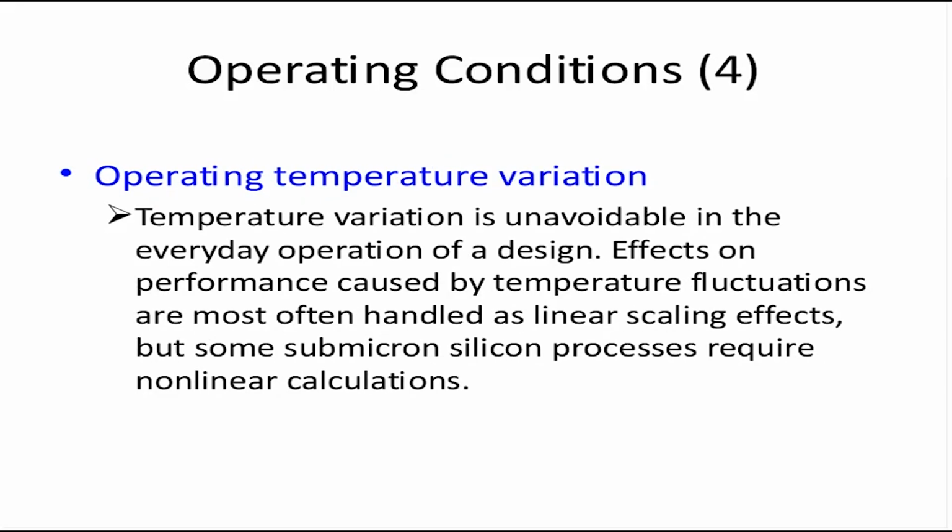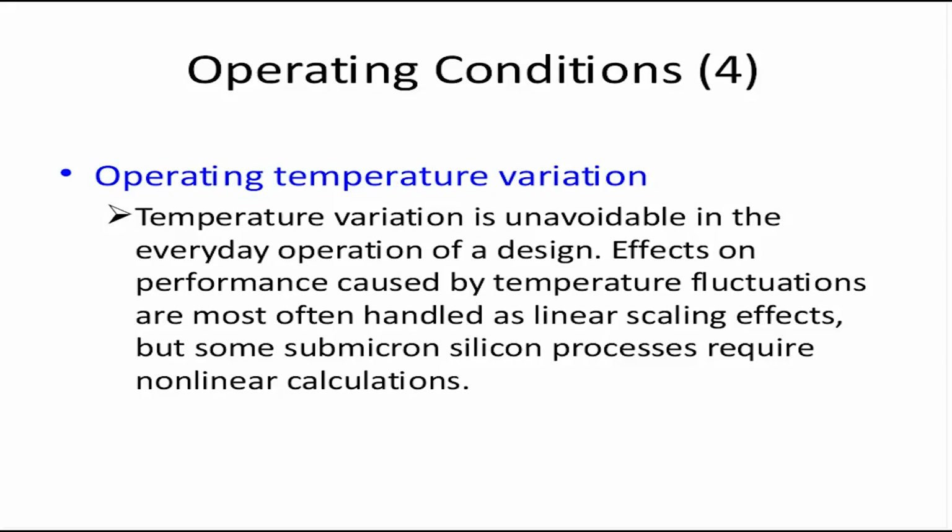Temperature variation is unavoidable in everyday operation of a design. Not all parts of the chip will have the same temperature. For example, you're using a mobile phone. If you talk for half an hour, the temperature of the chip will keep on increasing. If you keep your phone on standby, the temperature will decrease. So the temperature depends on the usage mode. Plus, it is different across parts.